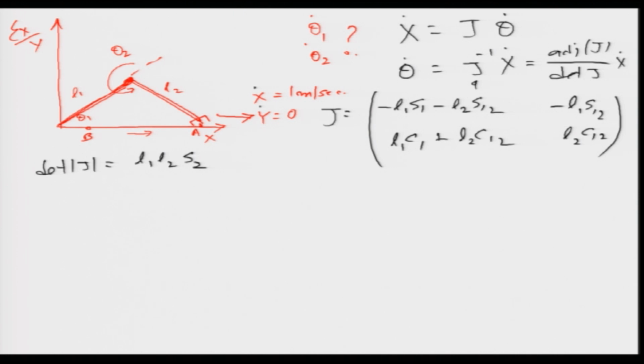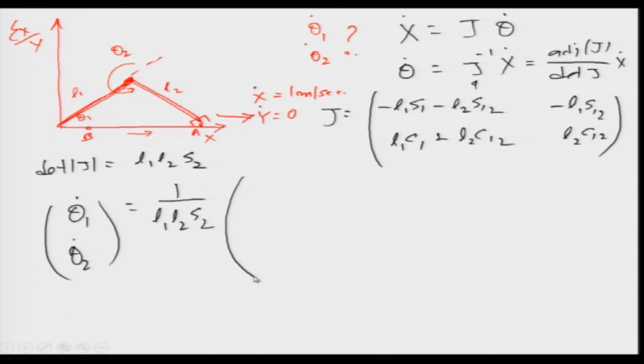Next, we need to find the adjoint matrix of J. Let me write it. Theta 1 dot and theta 2 dot is equal to 1 by the determinant of J, which is L1 L2 sin theta 2, into the adjoint of this matrix. So, what is the adjoint of this matrix? The first term is going to be L2 cos theta 1 2.